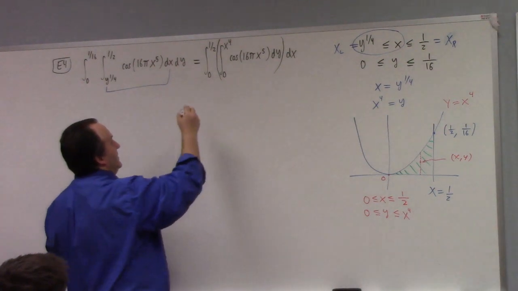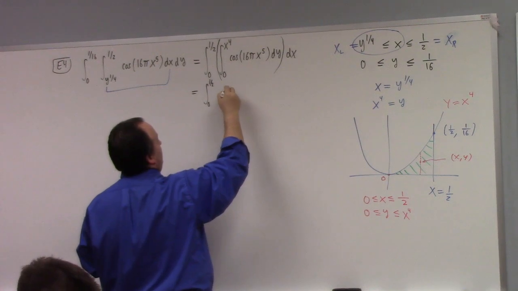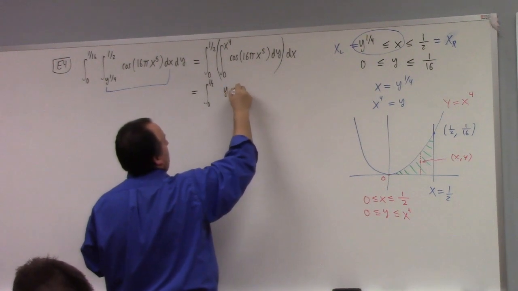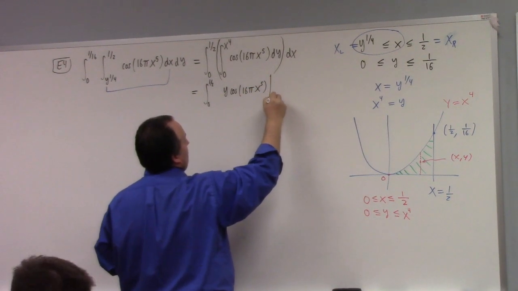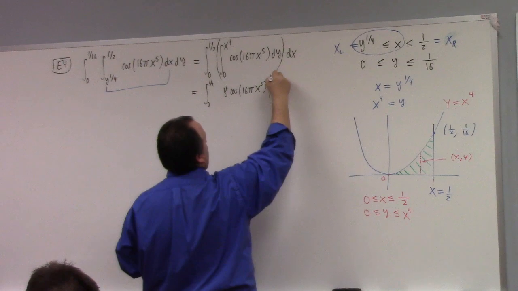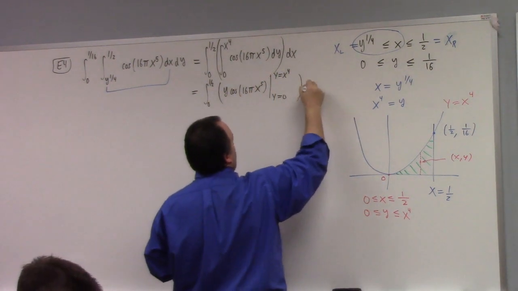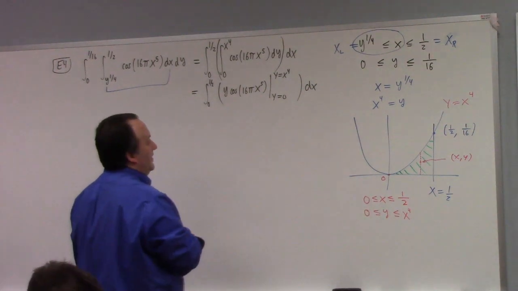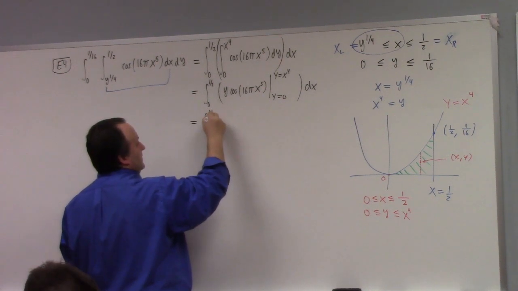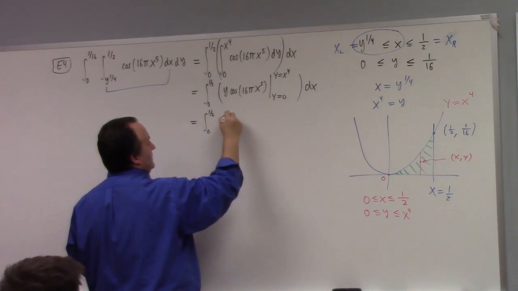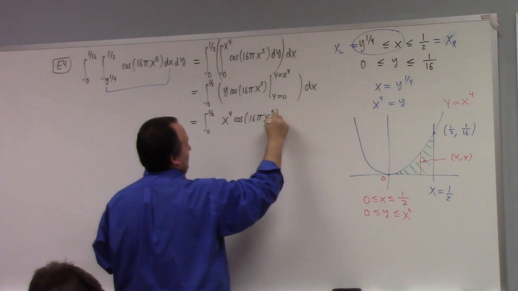The integral of dy is just y, right? I'll write it out this time. I don't always write out this step, but I'll write it this time. So we've got y cosine of 16 pi x to the 5th, evaluated from y equals 0 all the way up to y equals x to the 4th, right? The fundamental theorem of calculus part 2 is what I'm using here. And I take the difference. Of course, the lower bound gives me nothing, and the upper bound is everything. It's x to the 4th times the cosine of 16 pi x to the power 5 dx.